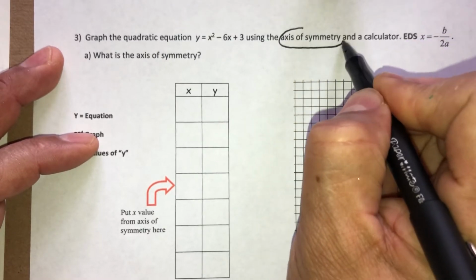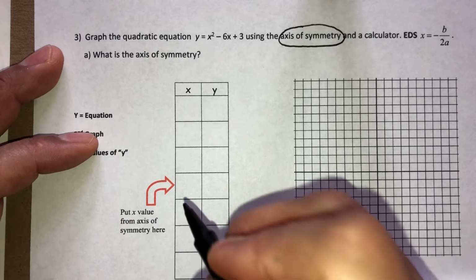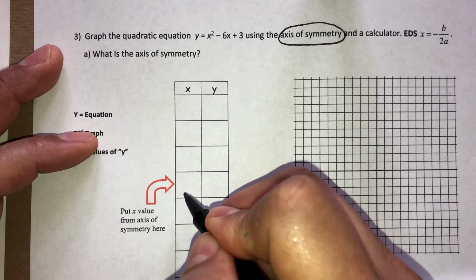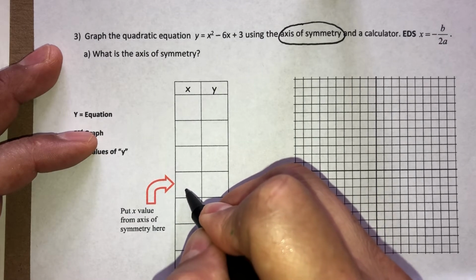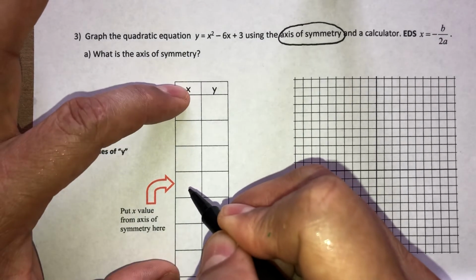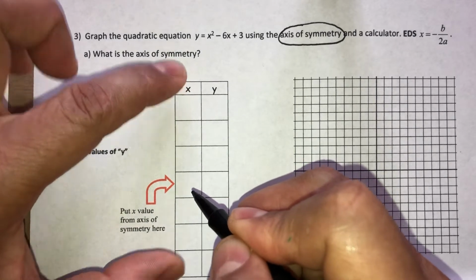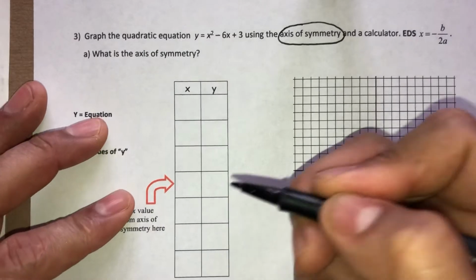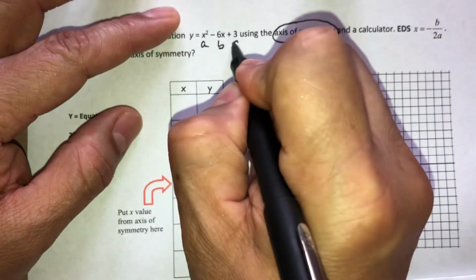It helps you on a grand scale, because when you put that in the middle, the axis of symmetry cuts the parabola in half, so that's going to be right on the center. If you do that, you're going to be able to find the other numbers, and you can go right to the calculator and look for those numbers for that window, and it will give you the perfect match. So let's use my formula, axis of symmetry. Remember, that's A, that's B, and that's C.